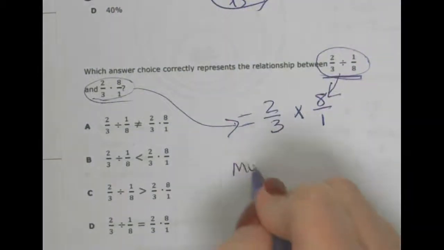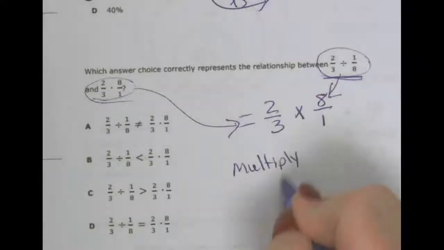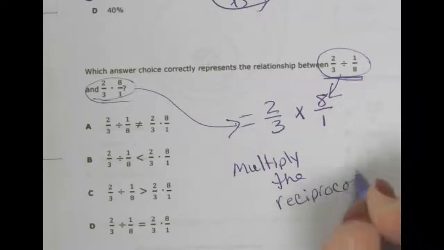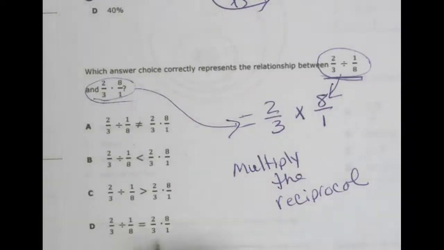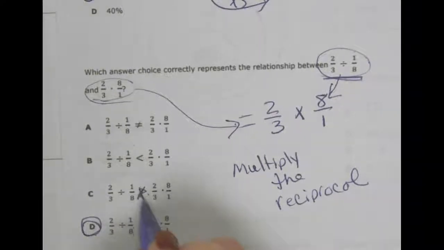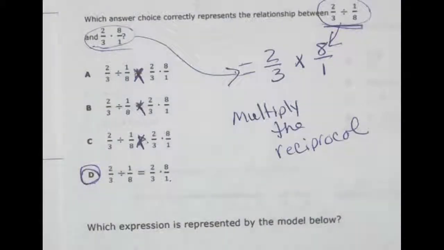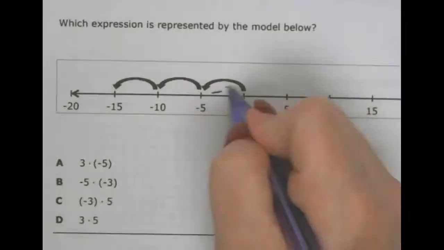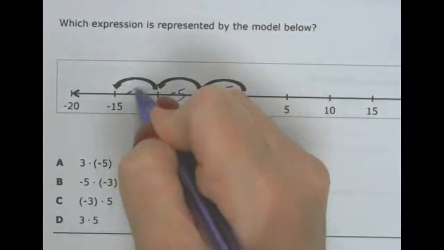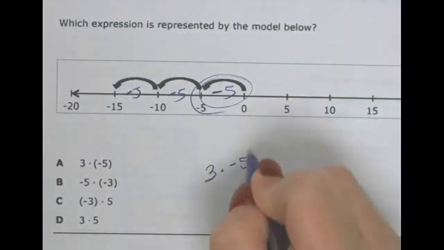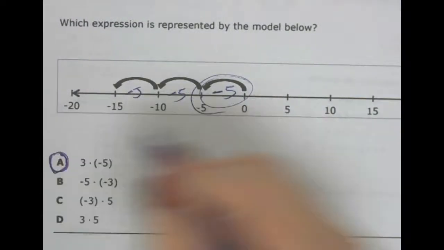You multiply the reciprocal. So the answer should be D, because it's not greater than or less than, and it has to be equal to. This is -5, -5, -5. You have 3 groups. 3 groups of -5. Answer is A.